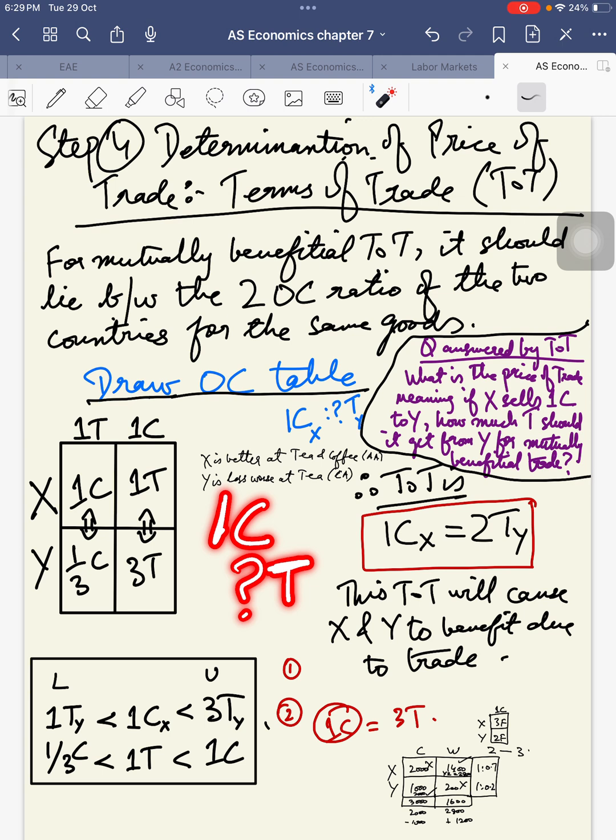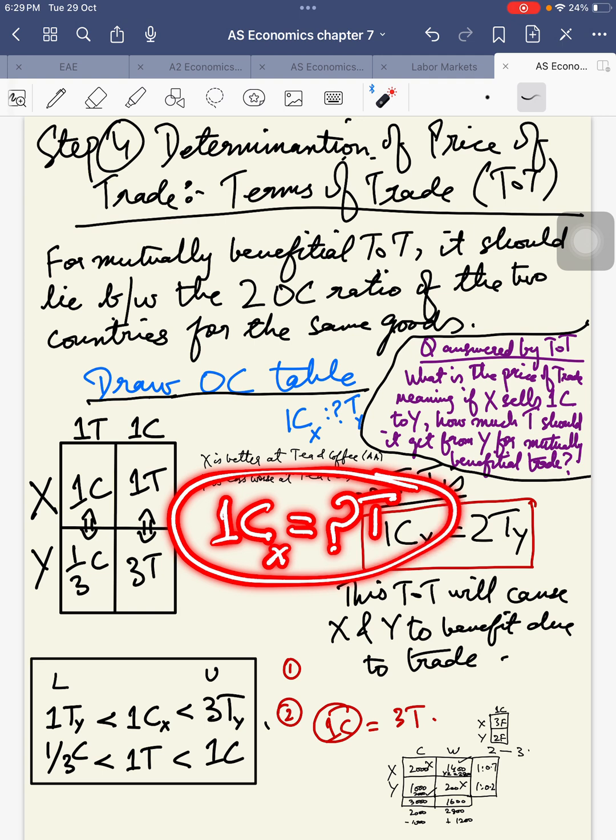We're assuming we're talking about a barter system here, not a money system. So let's suppose country X is able to export one coffee, how much tea will country X import? That is the question. And the answer to that question lies in terms of trade.